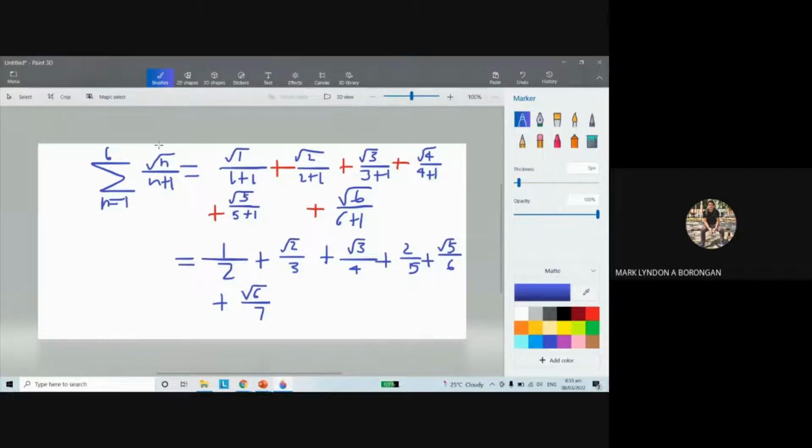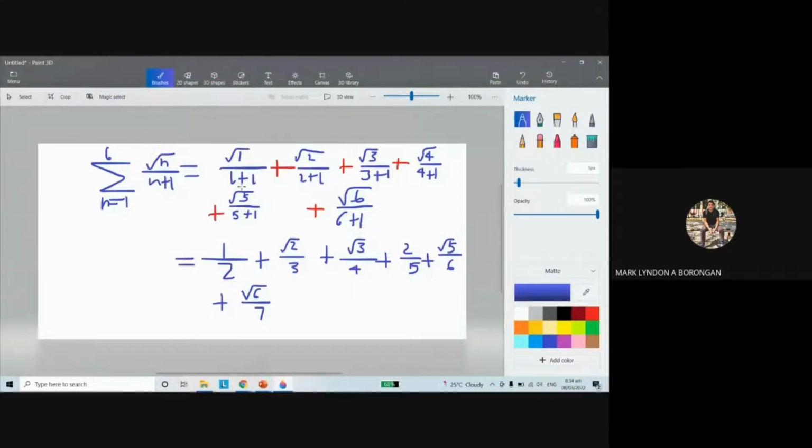So i-copy lang nimo siya kaning square root of n over n plus 1 ikaunom, pero it changes as the terms increase. So sa second nga term 2 na imong ibutang, sa third nga term 3, sa fourth nga term 4, sa fifth nga term kay 5, then sa sixth nga term is 6. Ana ra. You're simply substituting values but in an increasing manner. Okay? Ga-increase ka because we are adding a summation man. And we also have our upper and lower nga limits.